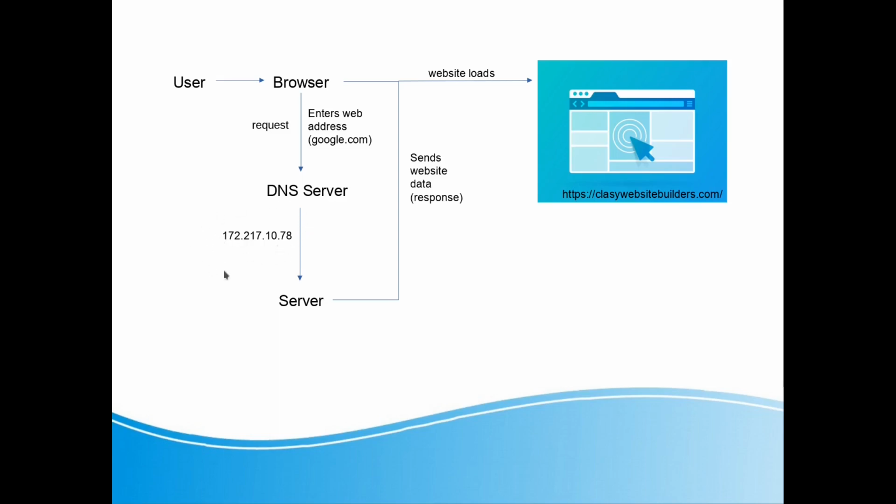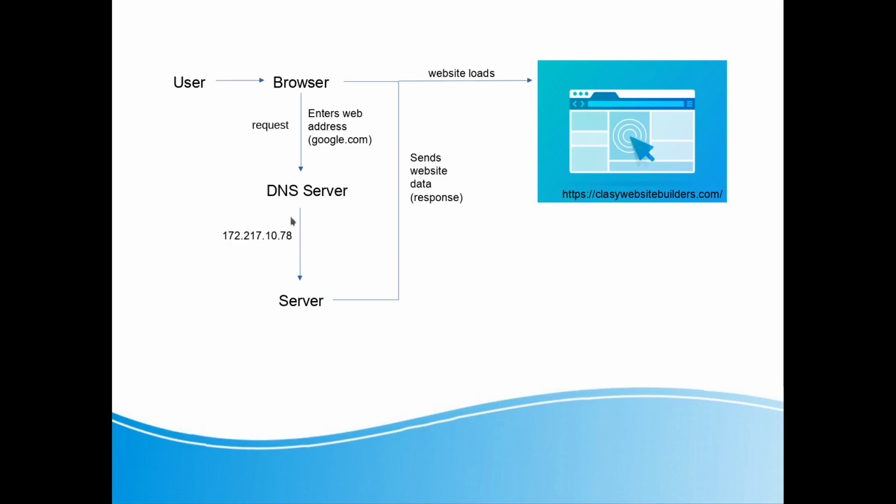This IP address is changed to google.com so that it is human understandable and easier to memorize. Now the job of the DNS server is to change this web address into its corresponding IP address.